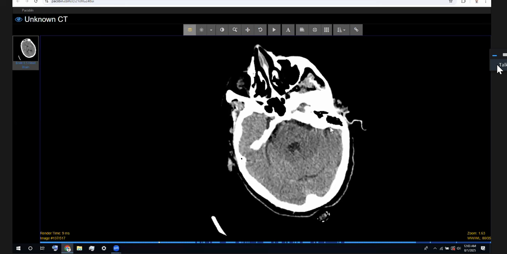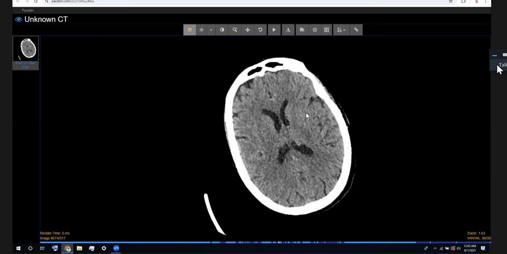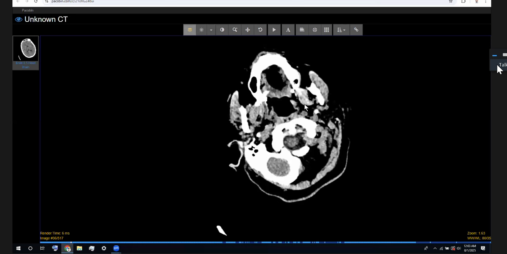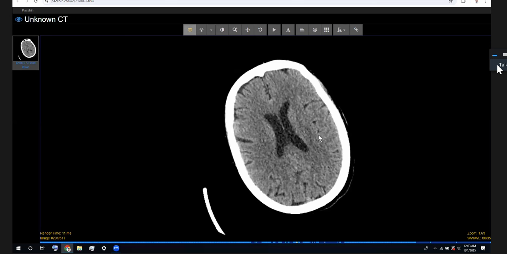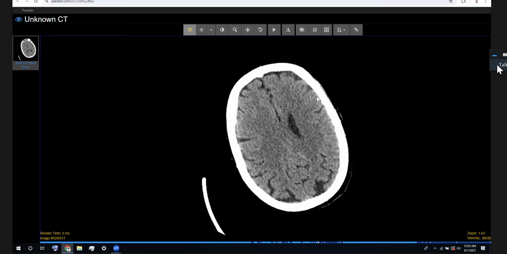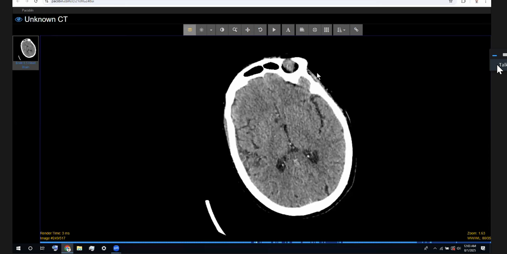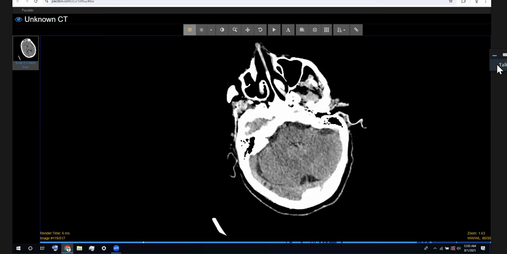I'll just start. Provided are axial non-enhanced CT images of the brain. I'm just scrolling through the entire stack. Just take a moment before I comment.